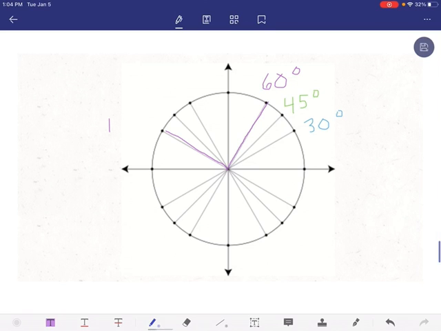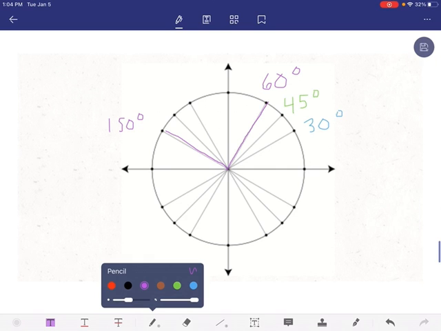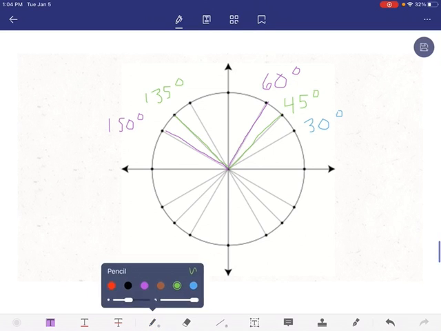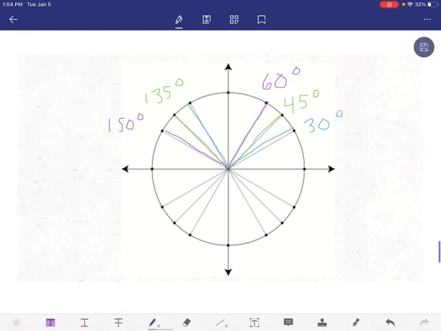So we're going to label that one as 150 degrees. Likewise, we can take our 45-degree angle and add 90. So we would do 45 plus 90 is going to give us 135 degrees. And then we would have 30 plus 90 is going to give us 120 degrees.